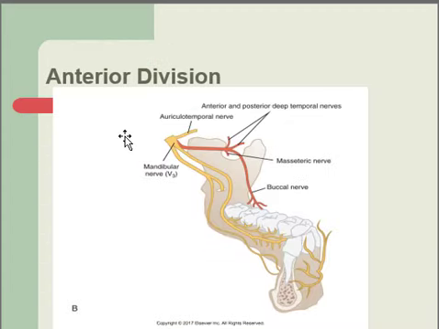Let's orient ourselves on this view of the mandible. This is the tongue side of the mandible right here, so this is the lingual of the mandibular teeth. Part of it that's hidden to us would be the buccal portion of the teeth on this side. This is the medial side of the mandible, where the mandibular foramen is.